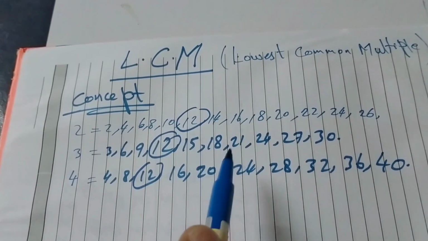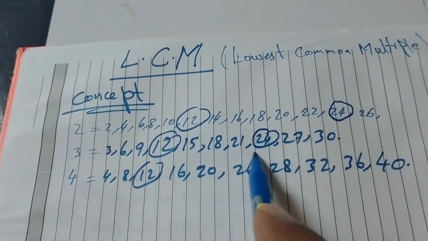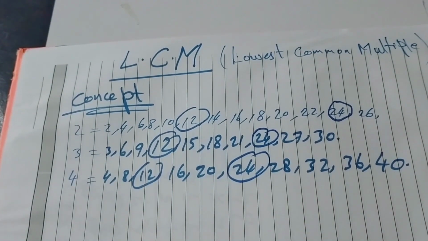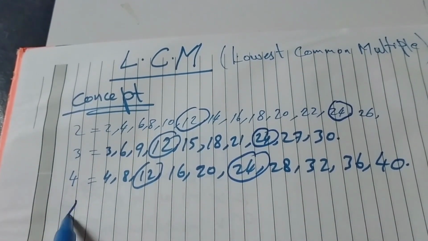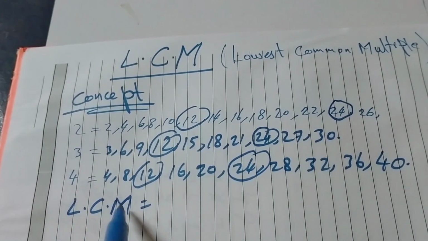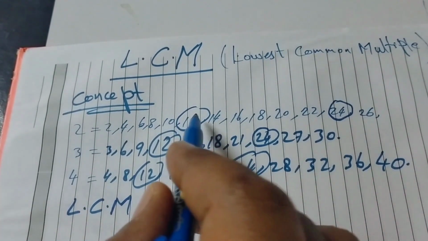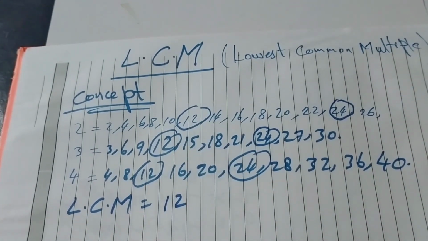Let's see if there is any other common number. Yes, we have 24. 24 is also common. What is our question? We are going to find LCM, lowest common multiple. So these are the common multiples. Which one is the lowest? This is 12. So 12 is our LCM.